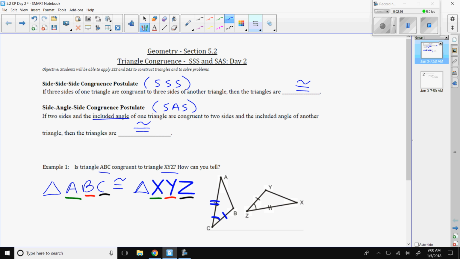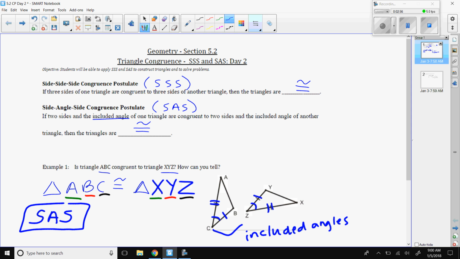And this triangle, same thing, you have 2 tick marks, an angle, and then 1 tick mark. C and Z, these are your included angles. And I'm going to say that since we have this angle here, that this is going to be congruent by SAS. That's your answer here.